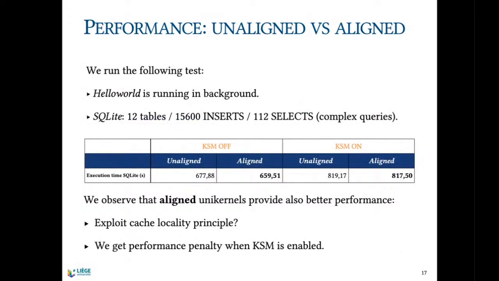We also did some performance testing by relying on the KVM performance tool. First we analyzed the completion time of SQLite with aligned and unaligned versions, and then with the KSM daemon enabled and disabled. For this test, we first launch the hello world unikernel in the background with an infinite loop, and then we run the SQLite unikernel.